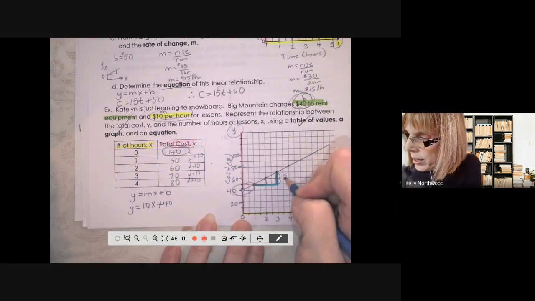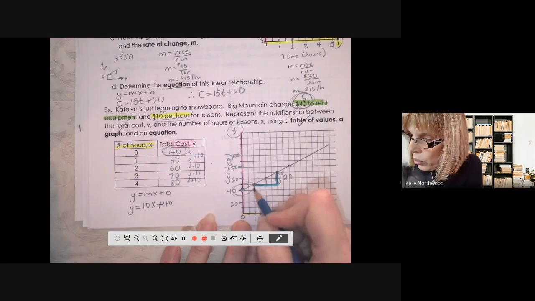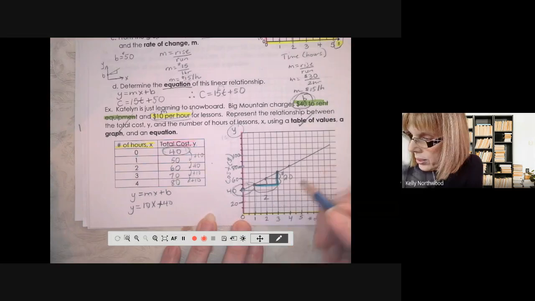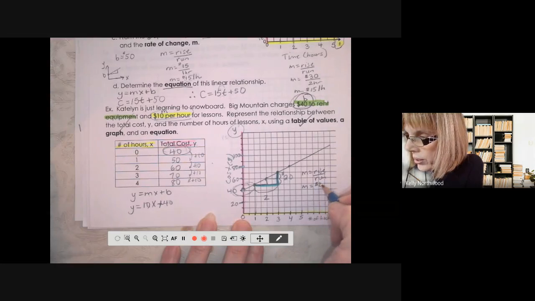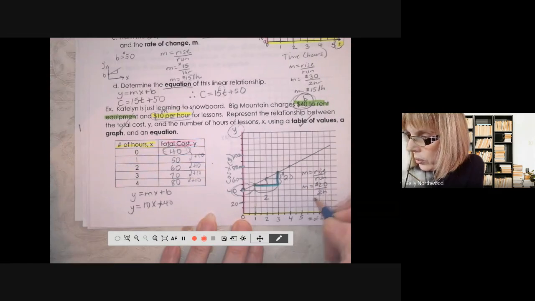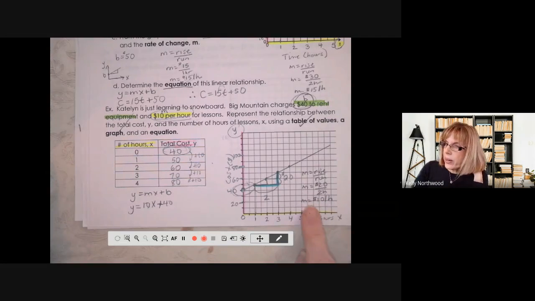So this would be $20. And this goes from 1 hour to 3 hours. So that would be 2 hours. And I could do rise over run. $20 over 2 hours is $10 per hour. And I would have my rate there.